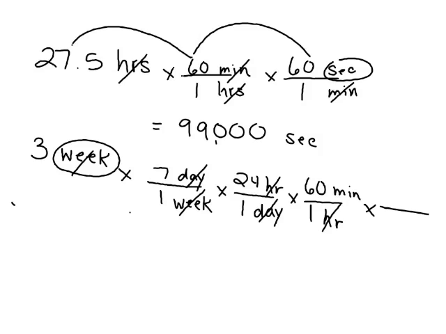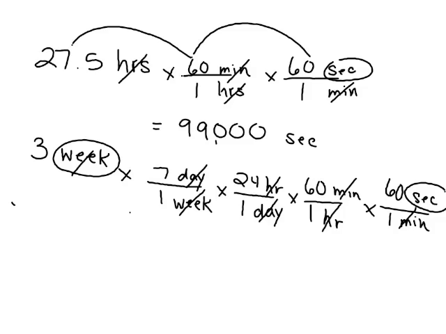And then my last step is minutes to seconds. Minutes on top or bottom? Bottom. So 1 minute equals how many seconds? 60 seconds. So then my minutes are gone. The unit I'll be left with is seconds.